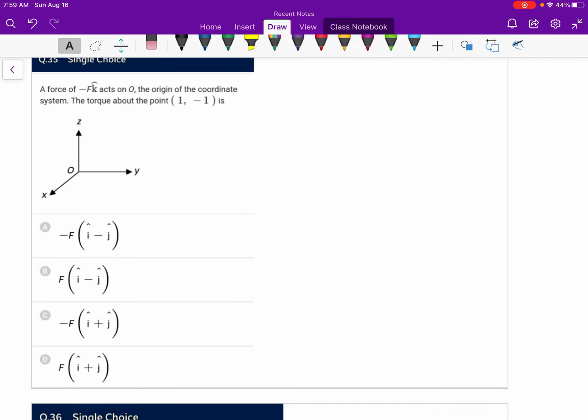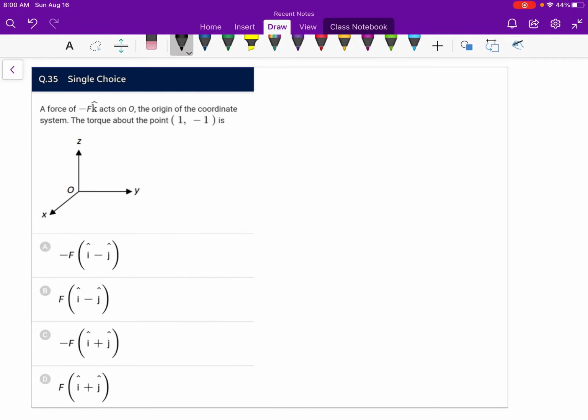The torque about the point 1 comma minus 1. So 1 comma minus 1 is this point. The torque is to be written about this point, and the force is acting at the origin 0 comma 0.